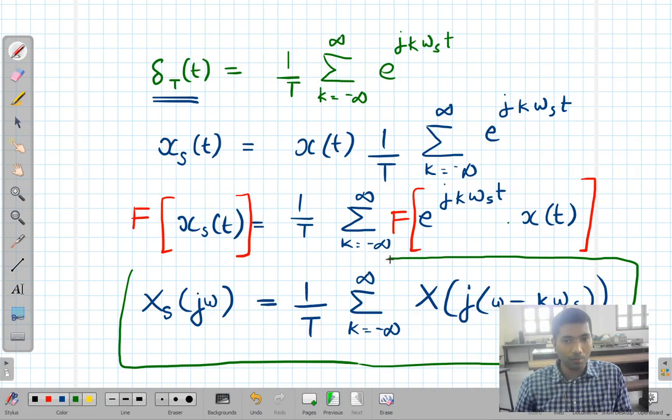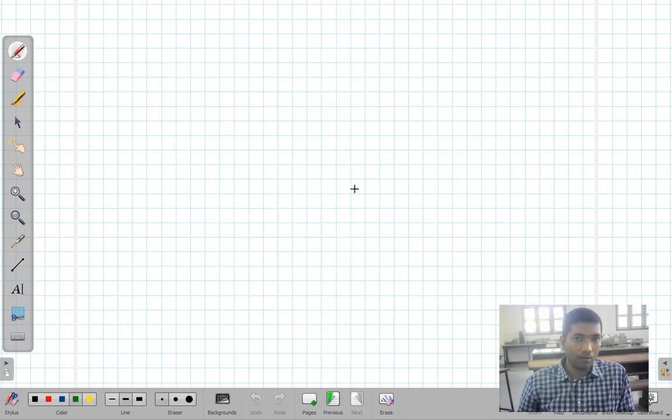The Fourier transform of the sampled signal is x s of j omega equal to 1 by T summation k is equal to minus infinity to infinity x of j omega minus k omega s. So I'll quickly write the two things that we have understood.